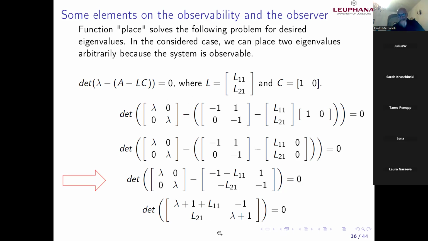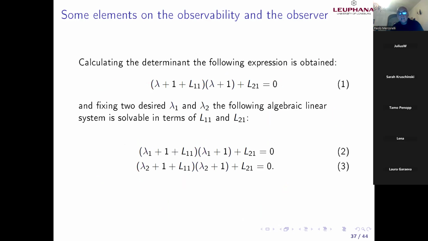I don't want to repeat everything because we don't need it for the goal of this course. But of course, the calculation is not difficult if you remember the determinant, and how we can proceed with the algebra of matrix and vector. At the end, we have a system which consists of two equations and two unknowns, because lambda 1 and lambda 2 are the eigenvalues which I can fix as I want.